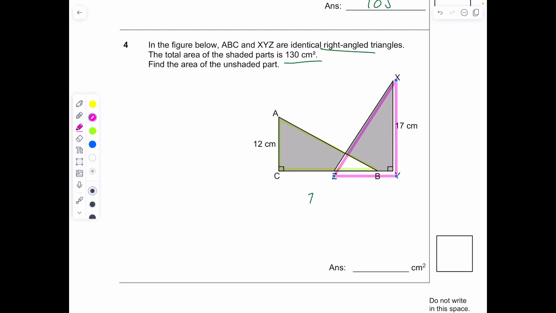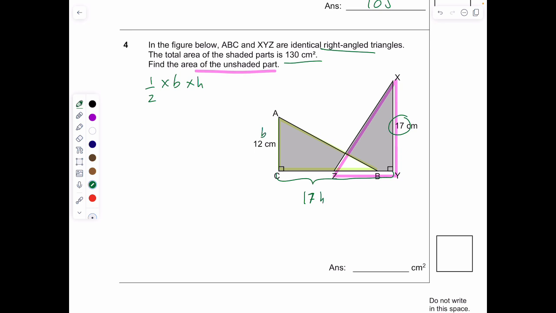Find the area of the unshaded part. The first thing we need to recognize is that area of triangle is half times base times height. Because this is a right angle triangle and they are identical, since this is 17, this is also 17 over here. This will be my base and this will be my height.